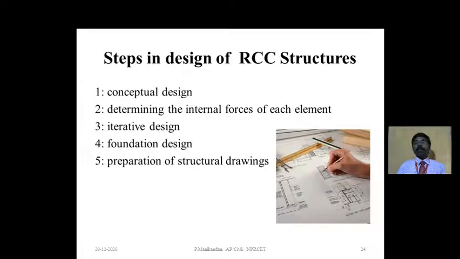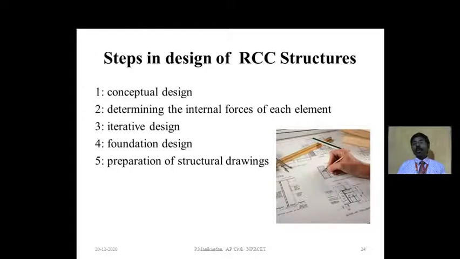After finalizing this plan with a client, we have to analyze the structures for calculating the shear, loads, moment acting on it. Usually we use a manual method of design for calculating the shear, bending moment, reinforcement.